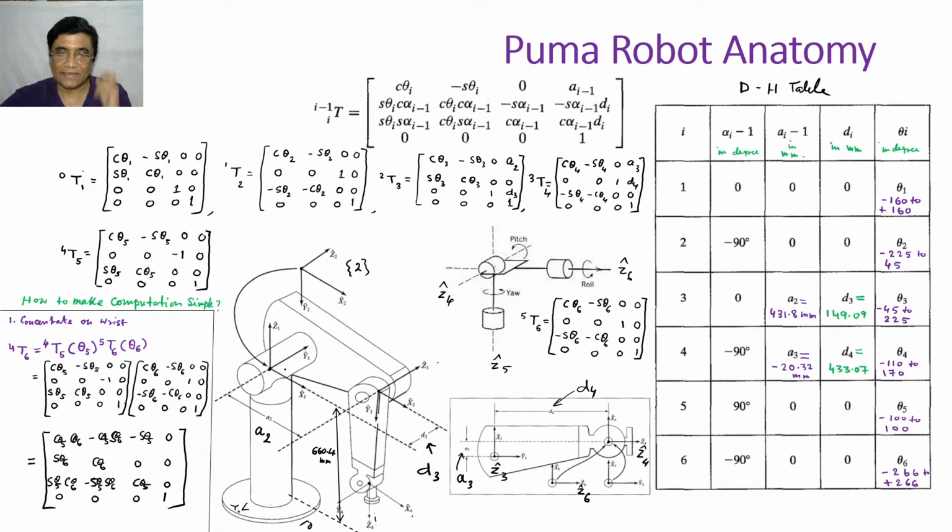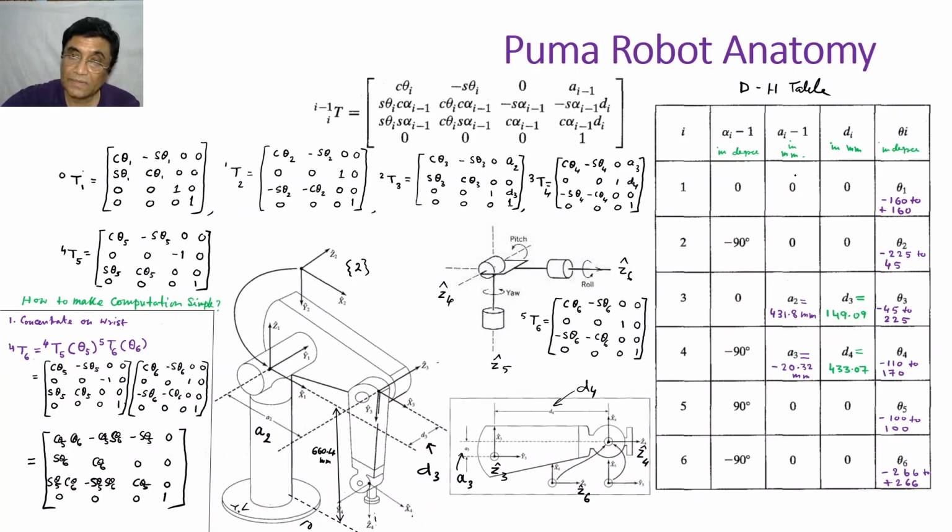Okay, and so this is the way we have. Once you have coordinate frame, once you have from the designer this data, what is A3, what is D3, what is A4, what is D4, what is A2, what is all kind of DH parameter, and together with the motion parameters range, you put everything in the DH table.